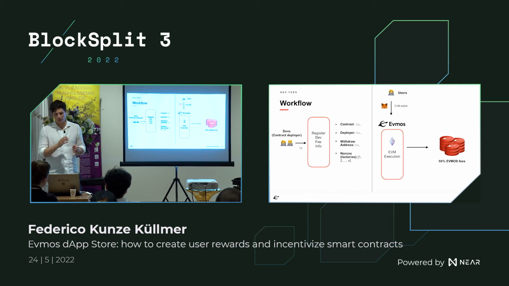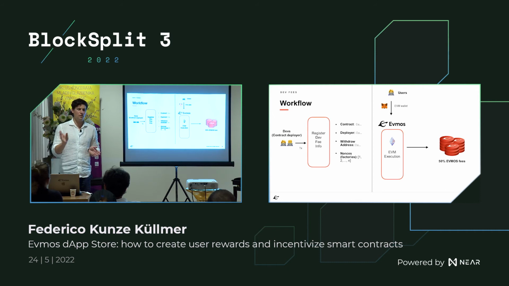And then you can define a list of the nonces that you need to provide in order for the contract address to be derived from the deployer address and the nonce. So for example, if you're a single user and you deploy the contract on your own, then you just provide one single nonce, or sequence.